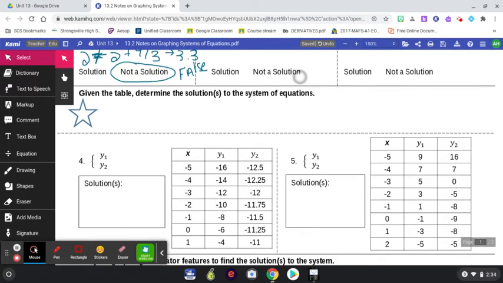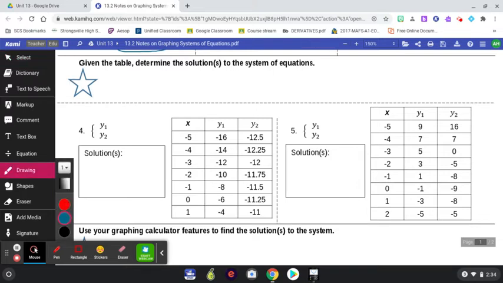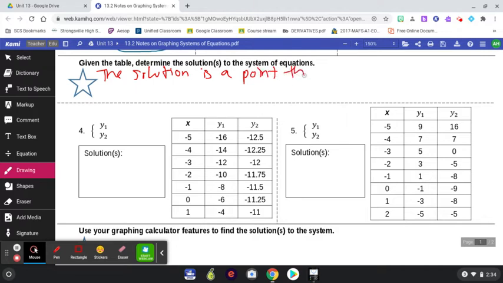Let's move on. If I'm given a table and I'm asked to determine the solution or solutions to the system of equations, how would I go about doing that? Well, the solution, remember, is a point that both functions have in common.